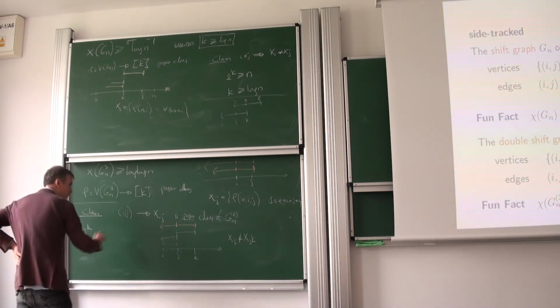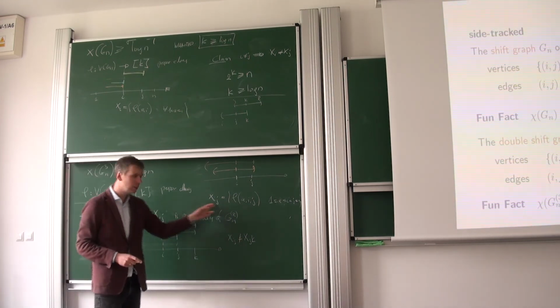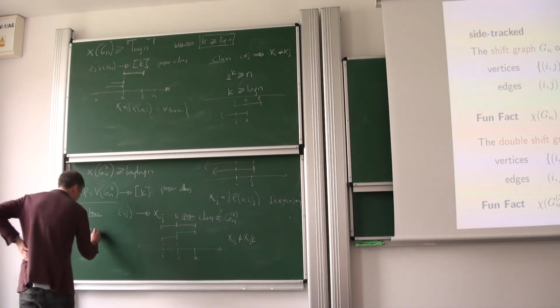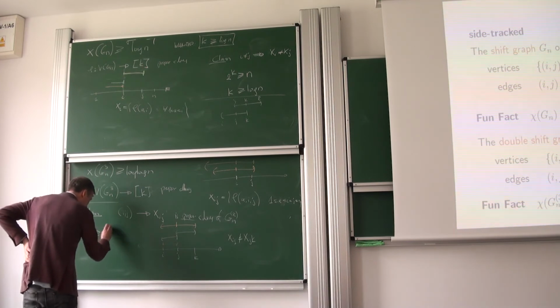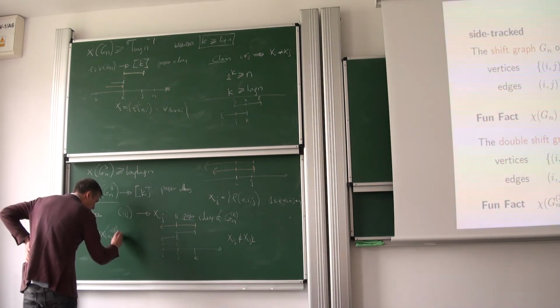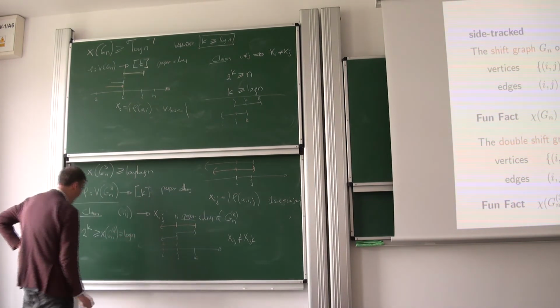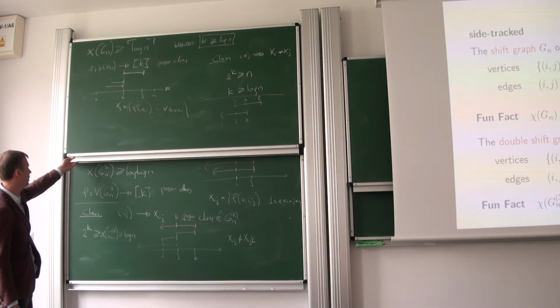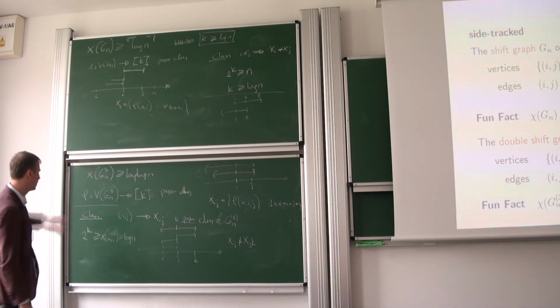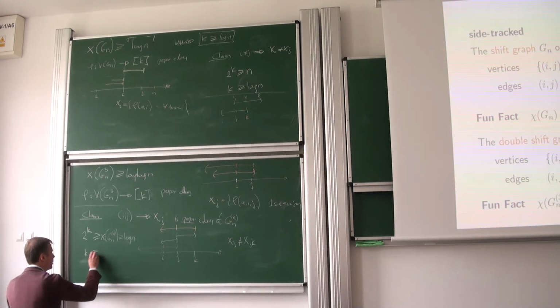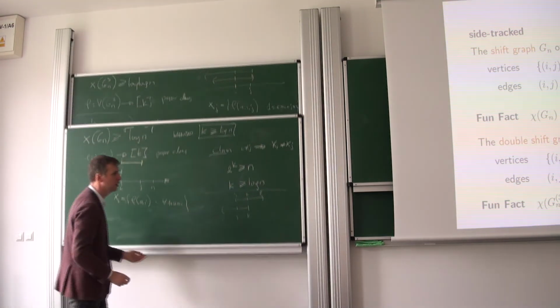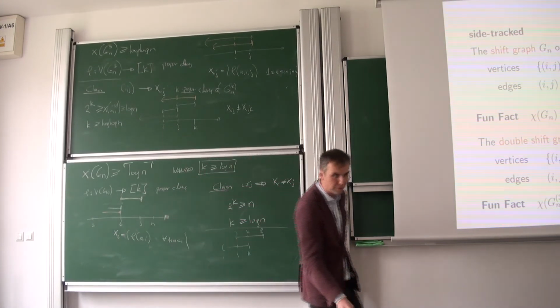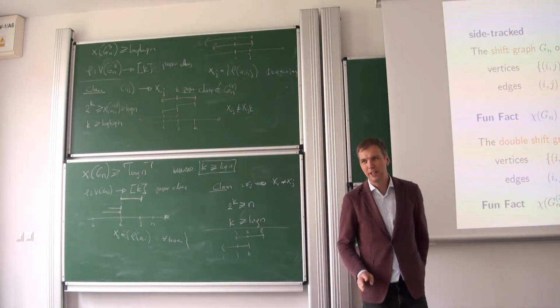So my coloring of Gn2 used at most 2 to the k colors, and this should be greater than the chromatic number of Gn2, which we already have seen is at least log n, which completes the proof. Because this implies that k is greater than log n. Okay, very good. That's enough fun.